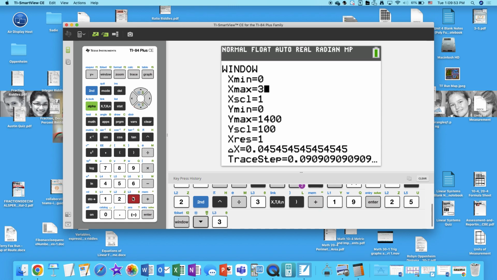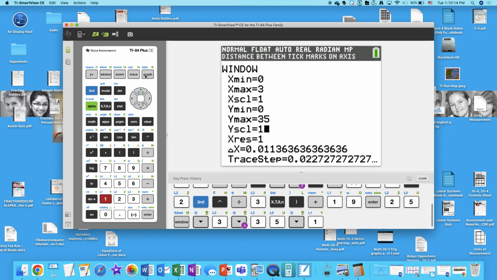My minimum height is 8, but I'll keep that at 0 because I like to see the ground in these types of questions. My max is at 30, so maybe I'll make this 35. And then I'll make the y scale 1. There we go. And there's the other one.